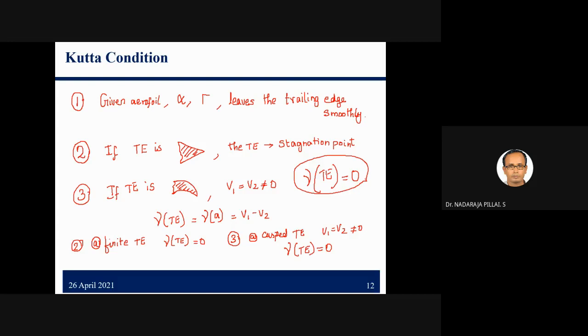We already know gamma is equal to U1 minus U2, which we arrived at before in the vortex sheet discussion. So we can say that at a finite trailing edge, gamma at the trailing edge is equal to 0, and at a cusp trailing edge, gamma at the trailing edge is equal to 0. So this is the famous Kutta condition. Any aerodynamicist should know about it.